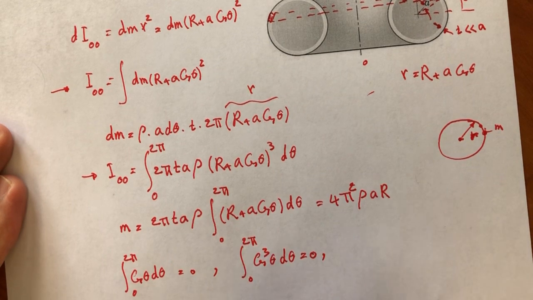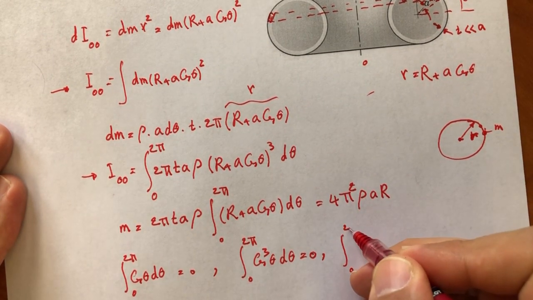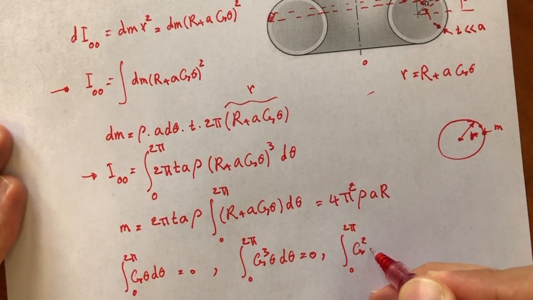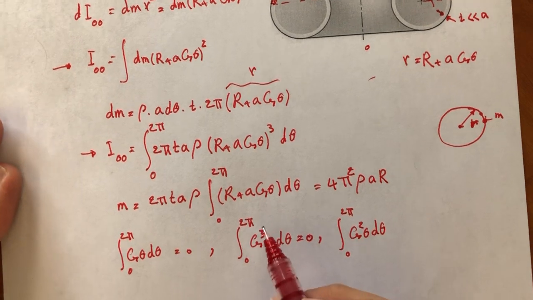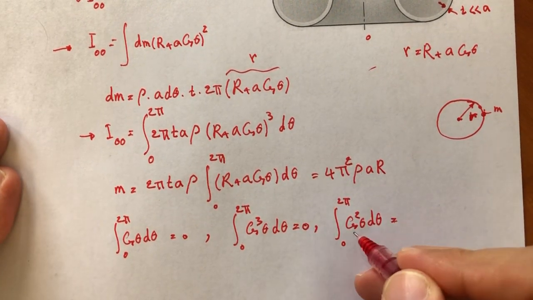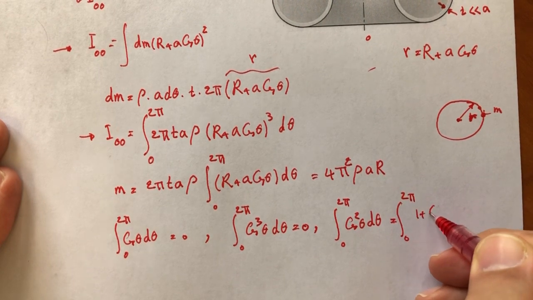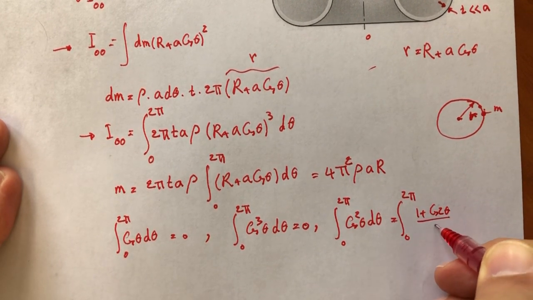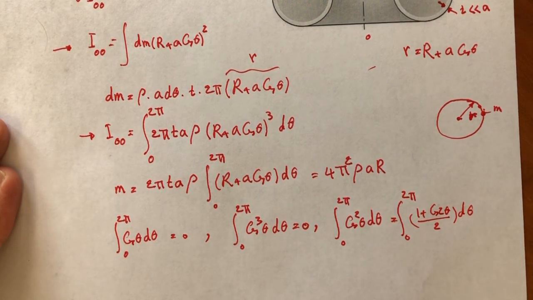I leave it for you, why this is equal to 0. And also when you are calculating the integral of cosine squared of θ, which you are going to have after expanding this, you need to know cosine squared of θ is equal to (1 + cos 2θ)/2. And you can do this integral.